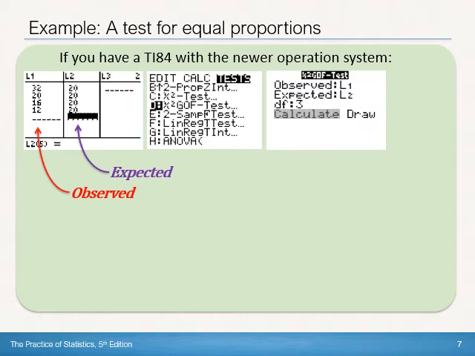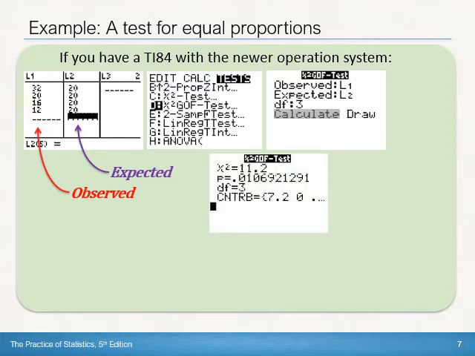You're going to tell it what list you have your observed data in, what list your expected data is in, and your degrees of freedom of 3, and you ask it to calculate, and it will give us this outcome here. So that's the chi-squared statistic. The p is the p-value, and then the degrees of freedom. The next thing listed there is actually a matrix, and it's called the contribution. We'll talk about that more on the next slide.